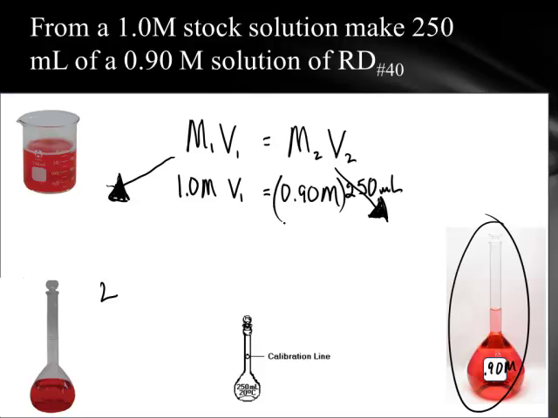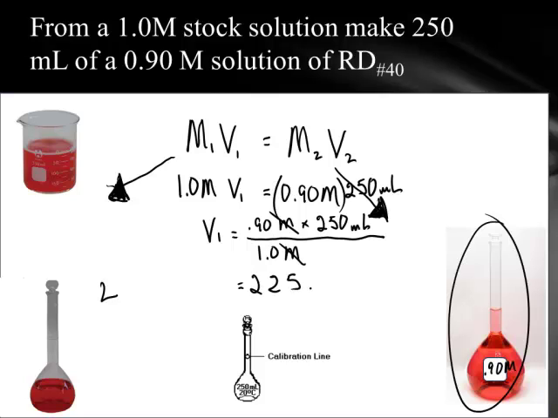So we want to solve this for V1. So V1 is going to equal 0.90 molar times 250 milliliters divided by 1.0 molar. And you'll see that yes, indeed, our units here work out, whether we use liters or milliliters. And we come out with 225. And our unit that we're left with is milliliters.